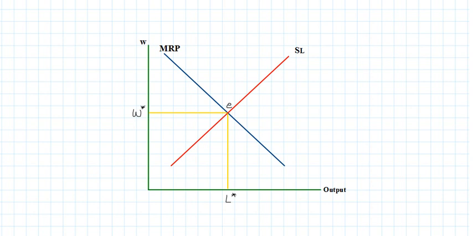So the market price of the factor is determined by the intersection of the market demand and market supply, and accordingly at the point of intersection, you can see W star, the market wage rate, has been determined. So this is the factor price of L star units of labor. L star units of labor would be hired, and the wage rate or the factor price that would be determined would be given by W star. Basically, this is calculated keeping in mind the demand and supply conditions.